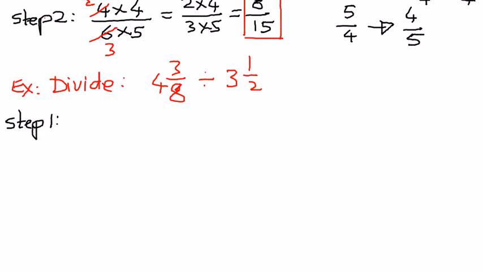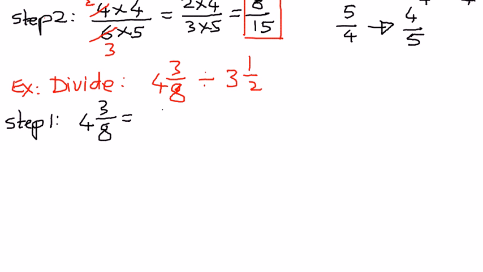First, in the first step, we're going to write the mixed numbers in their improper fraction format, as follows. We take the first fraction, which is 4 3/8, and then write it out as an improper fraction. How do we do that?